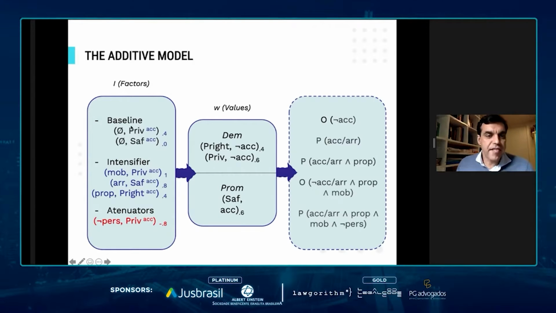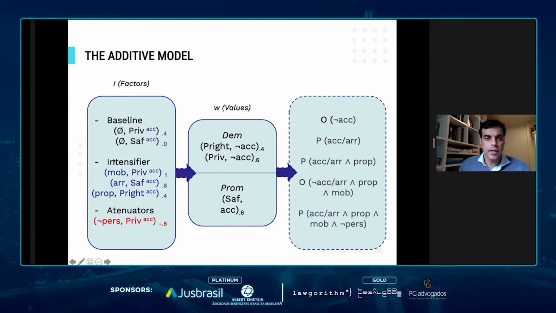So in a baseline situation where no factor is considered, the impact on privacy of the action of accessing outweighs the impact on safety, since there is no charge against the individual. Then the result is that the demotion of values is stronger than the promotion, so the action of accessing is forbidden.